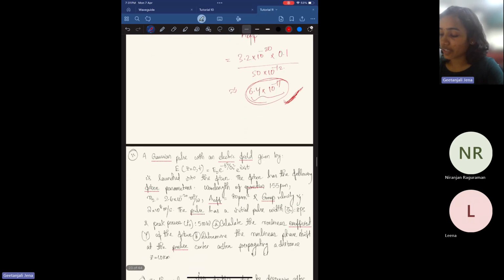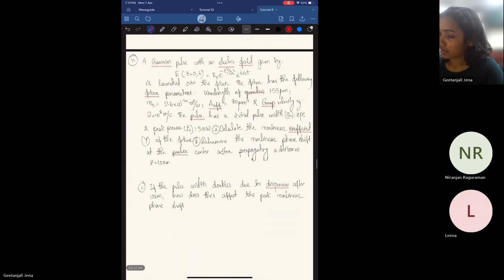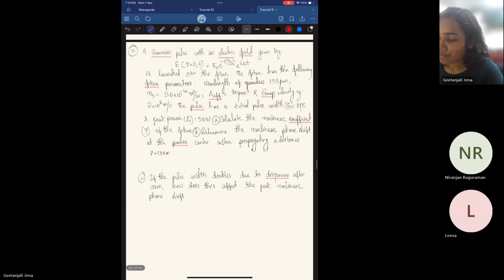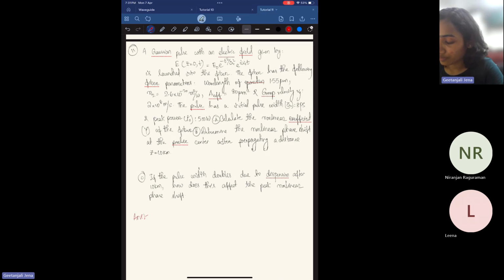Okay, so let us move to our next problem. This is a bit different from what we've seen earlier. Some of them are straightforward, but some of them require one additional piece of information. So let me read out the question.